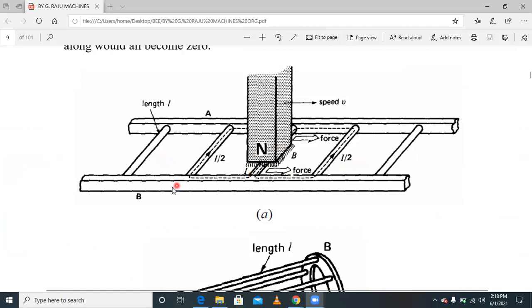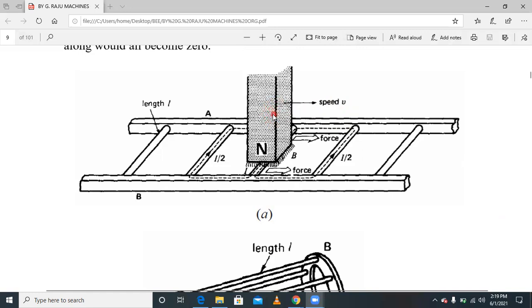The ladder is the rotor, and the permanent magnet is moving with a speed of v. At the time of starting, the rotor is stationary, but when you give the power supply, the magnetic field starts rotating.